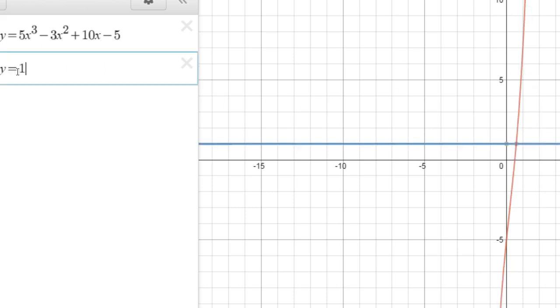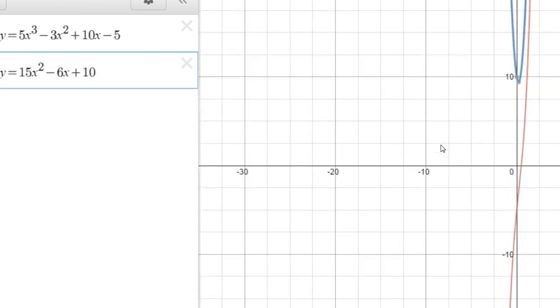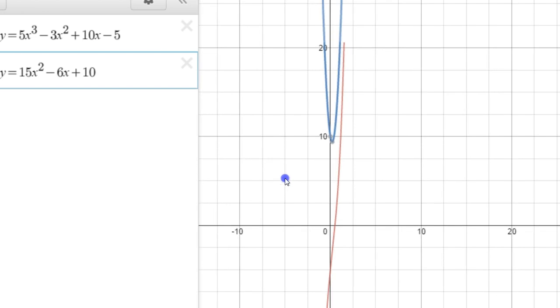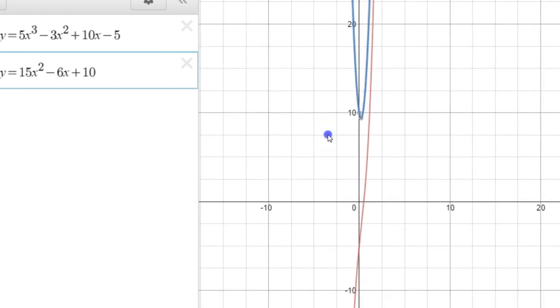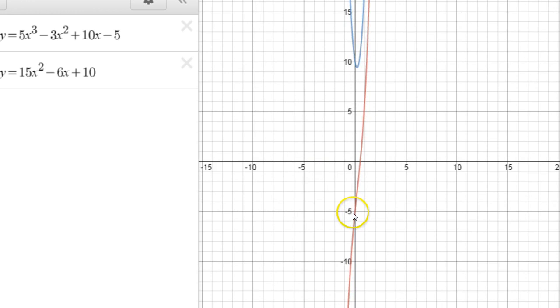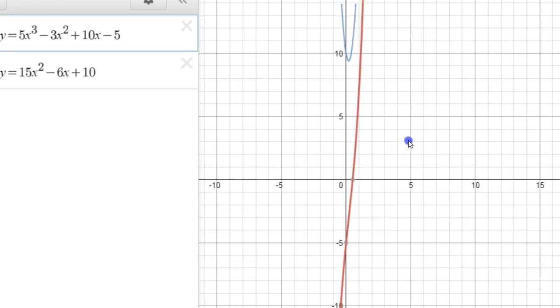y equals 15x squared minus 6x plus 10. Okay, now here's something pretty unique. As we're working through here, let's drag the graph over here. If we zoom in, it's kind of hard to see.